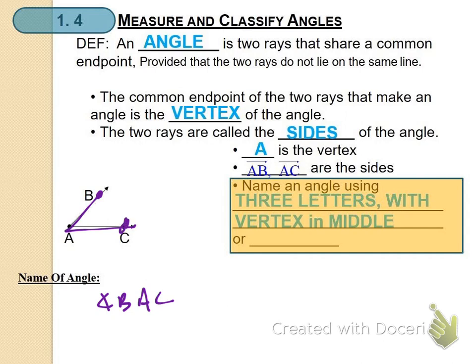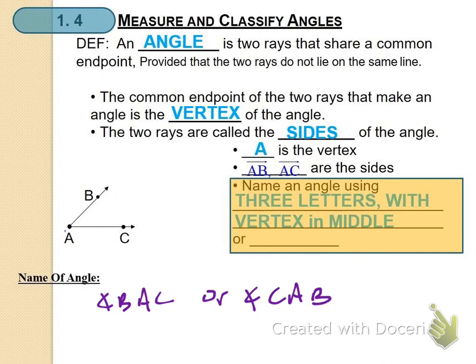Or we could start at C and go angle CAB. And we use an angle symbol there in front because without a symbol, three letters can also name a plane. So we get kind of an area where we can get a little confused as to what we're talking about.